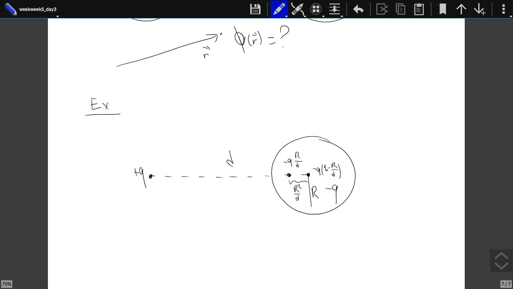Well, this plus q charge and minus q r over d make the surface of the metal zero potential. Now, this central charge, since it's at the center, increases the potential at the surface of the sphere to some constant value. So, with this configuration, the surface of the sphere is an equipotential surface.